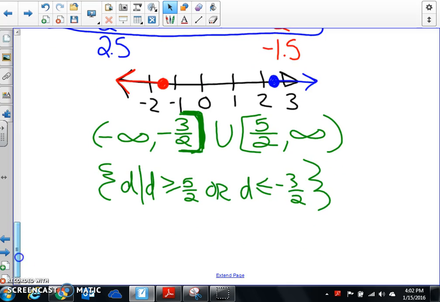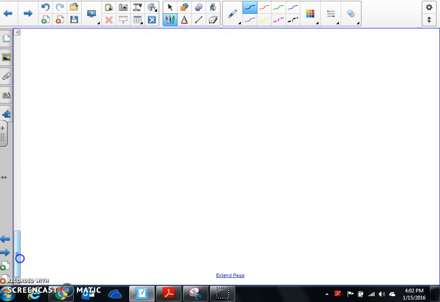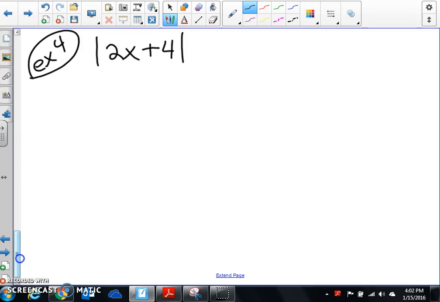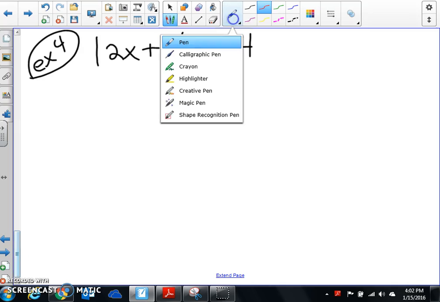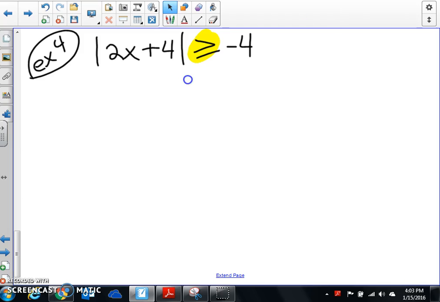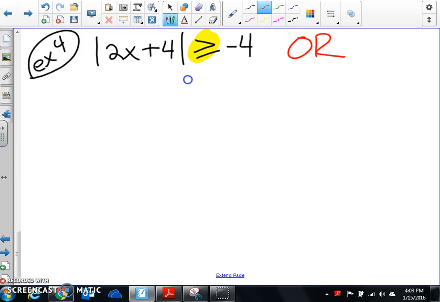Okay, one more. Example 4. The absolute value of 2x plus 4 is greater than or equal to negative 4. I look at the inequality. It's a greater or equal, so this is an or inequality.